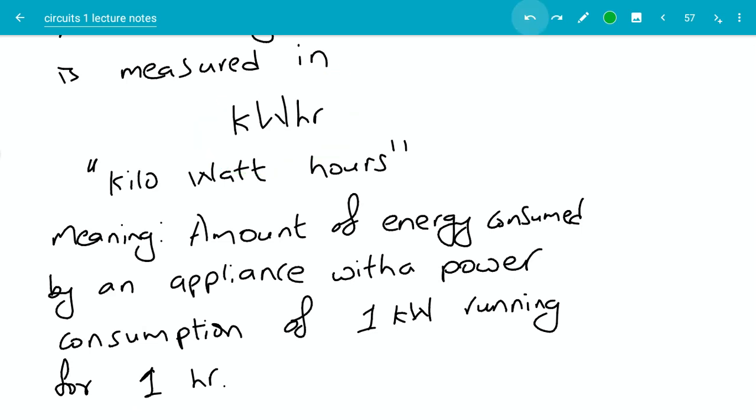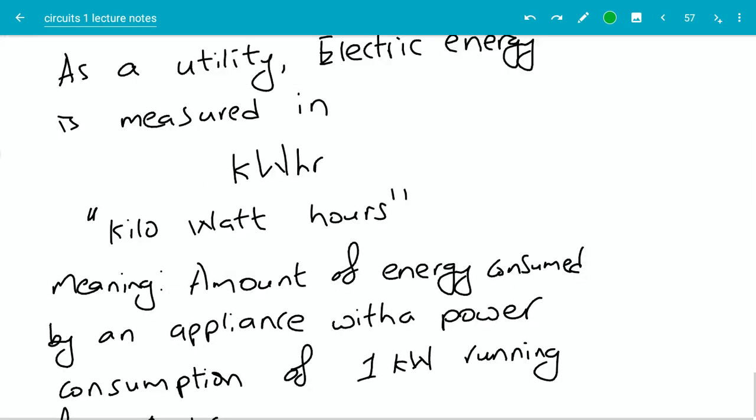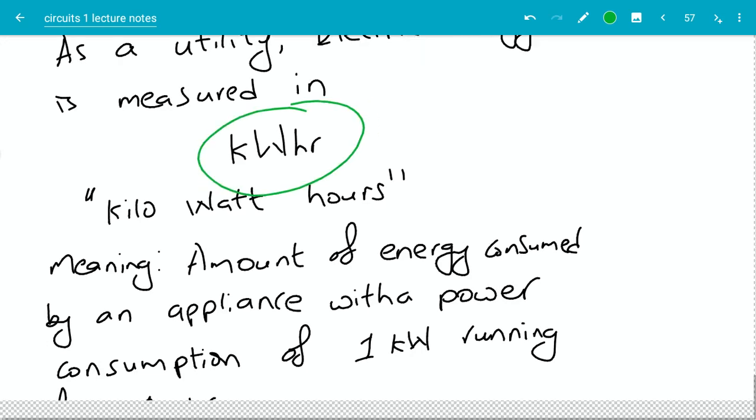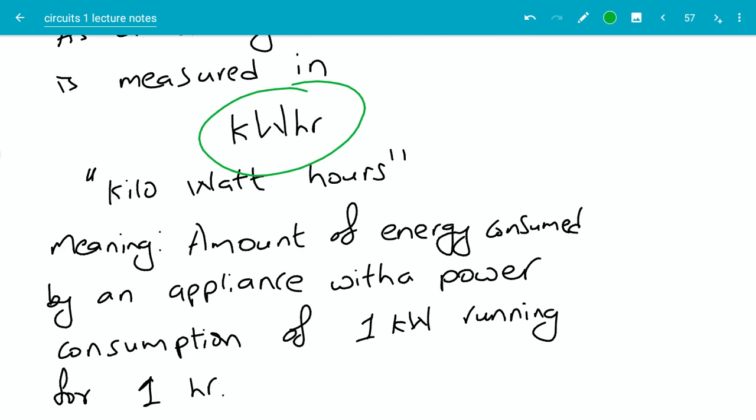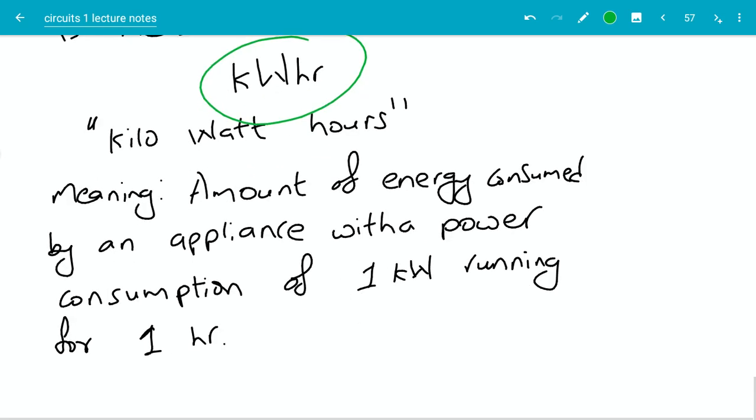Usually maybe you will run a microwave for an hour over a year, so over a year you can think of the microwave using 1 kilowatt hour. Again, the use of a microwave may vary depending on what you're using it for, but that's not the point here. The point is, what does a kilowatt hour mean?